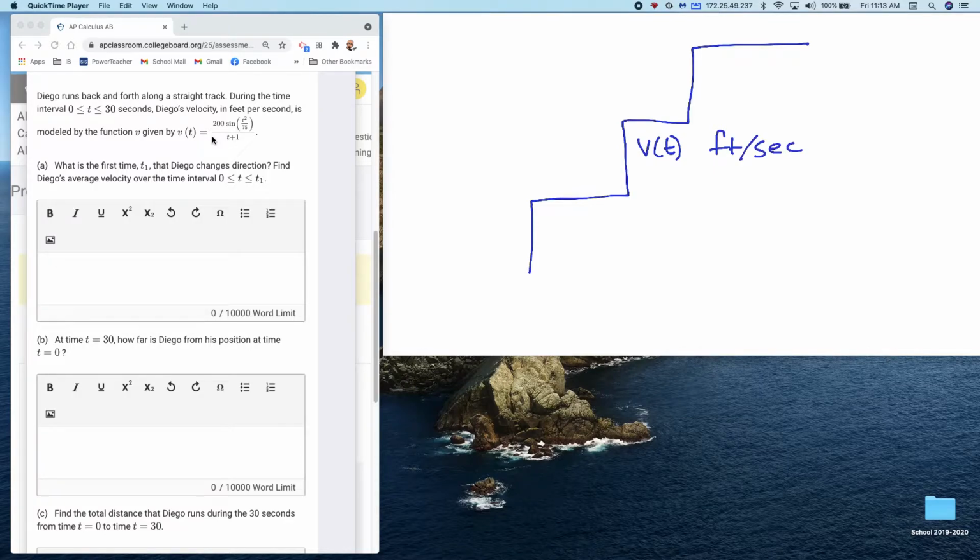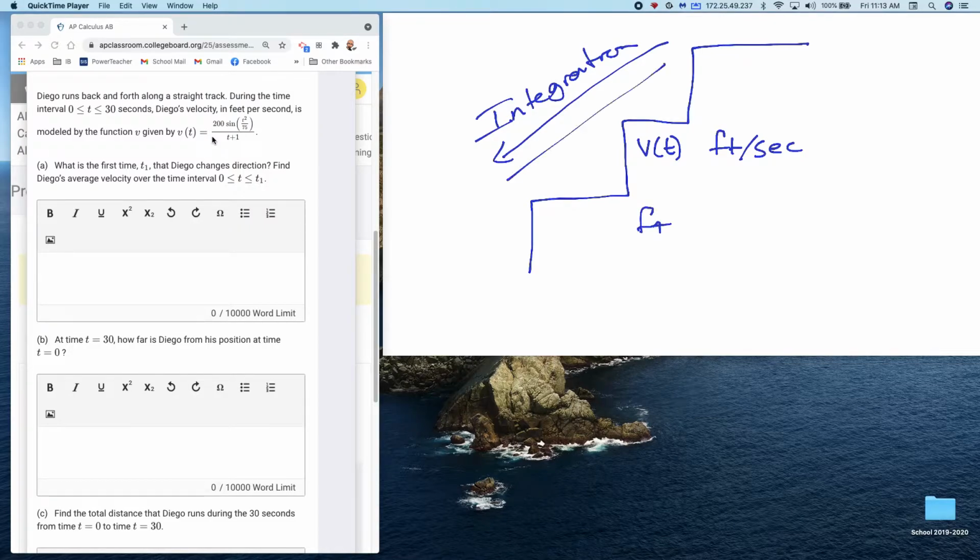So when we're asked anything about position, we know we're going to have to integrate. If we're asked to find acceleration, we know we're going to have to differentiate. So if we're going down these steps, we're integrating, and this step would be in feet.